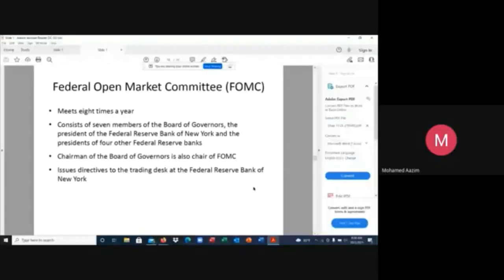Okay, so the chairman of the Fed Reserve Board of Governors also chairs the FOMC, and often the decisions arrived at in the FOMC are directed to the Fed Reserve Bank of New York trading desk.